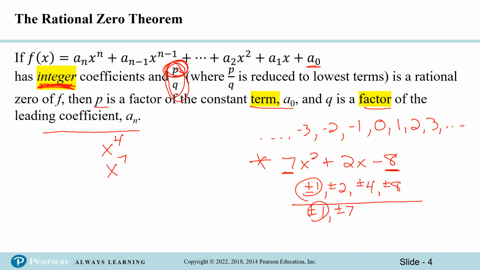If we didn't have a place to start, then it would be just a matter of randomly guessing, and the problem with that is there are an infinite number of numbers that we could randomly guess, and we could be there an awfully long time before we narrowed it down to one that actually worked. So by using the rational zero theorem, it allows us to narrow down the list of numbers to guess. We're still guessing, not going to lie. We're still going to guess and check, but it narrows down the pool of numbers from which to choose.